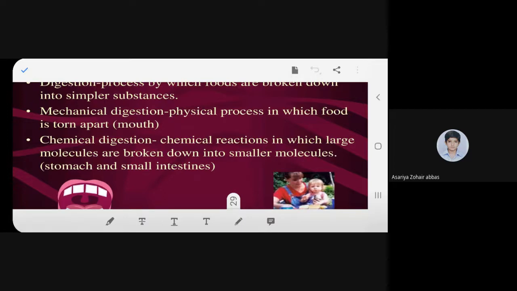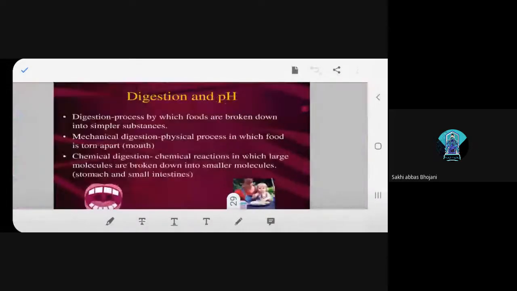The digestion process started in the mouth itself. So starch was a large molecule. It got broken into a smaller molecule, glucose. And further digestion takes place in the stomach and the small intestine.